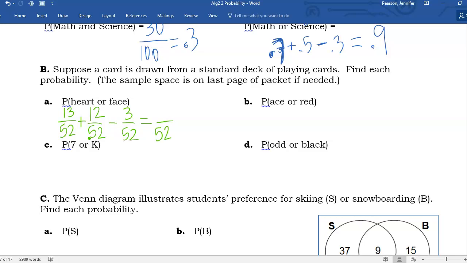So 13 plus 12 is 25, minus 3 is 22. Now, if we wanted to, we could reduce that fraction or get a decimal, and that would be 42%.